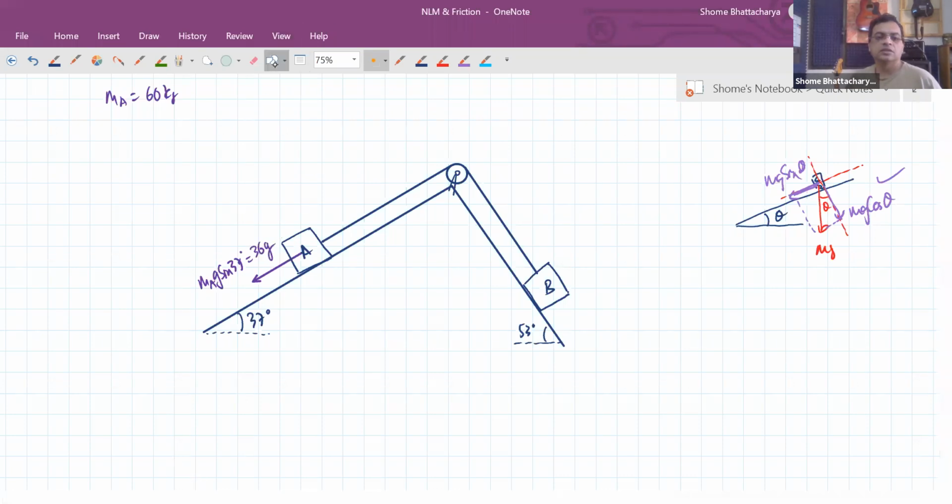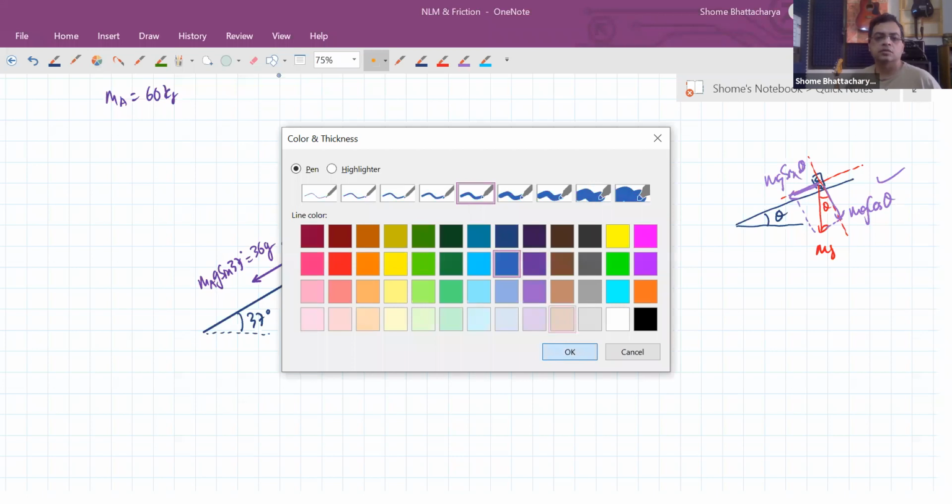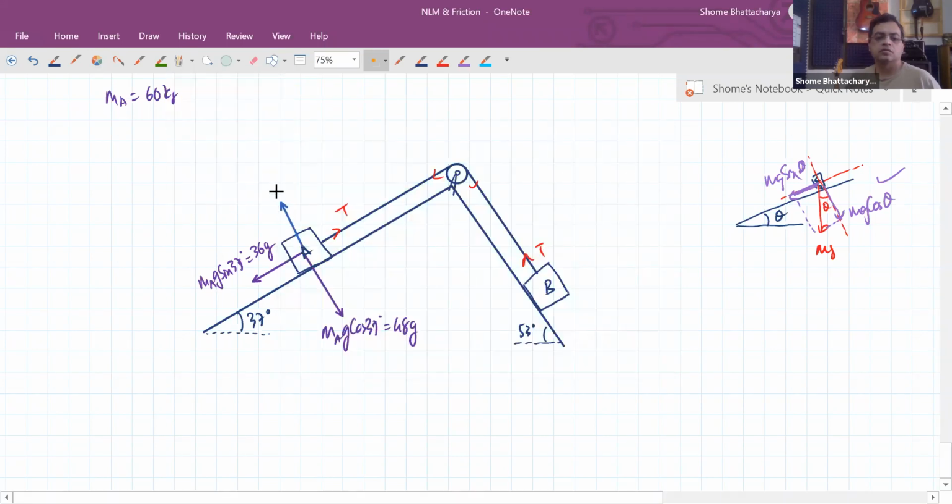Whereas this component will be cos 37, so that will become 48g. Apart from that, there will be tension acting on this. And apart from that, there will be a normal contact force acting like this.